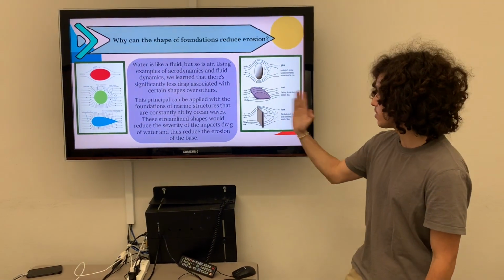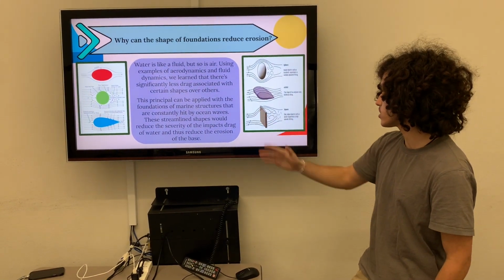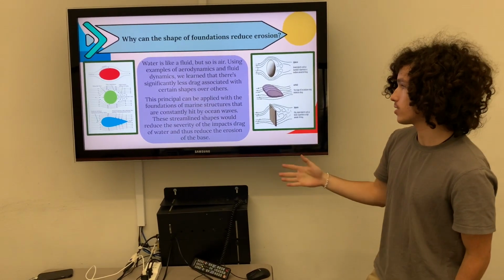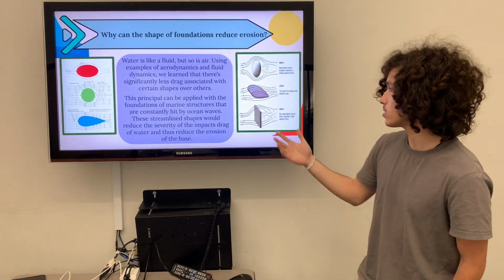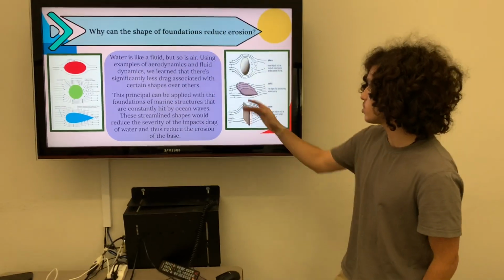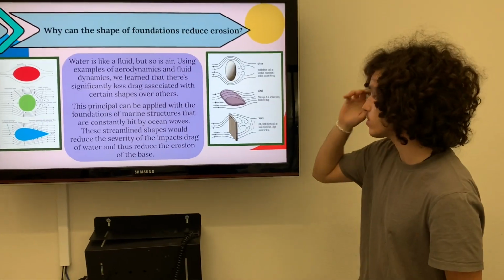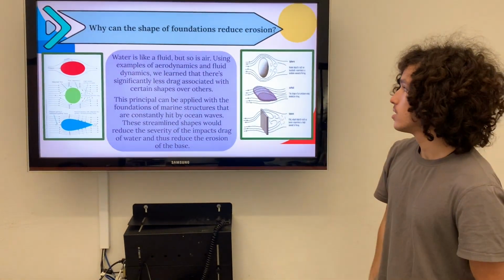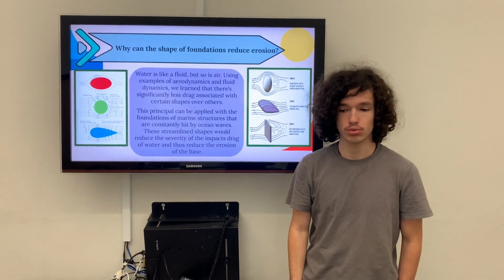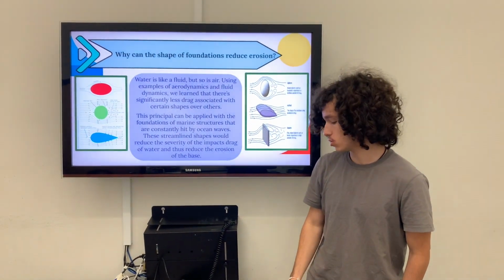Because right here with a flat surface, there's lots of drag, and that would, with water and concrete and other materials, increase the erosion that it feels. But with smoother surfaces, it flows around it, and it's not as dramatic of a problem whenever it's smoothened out.